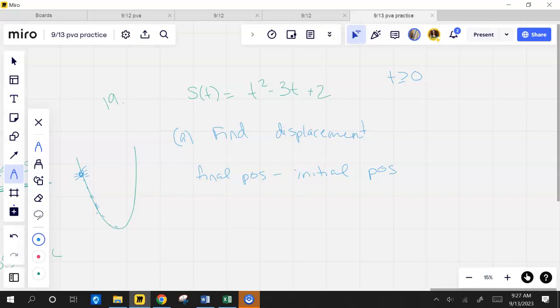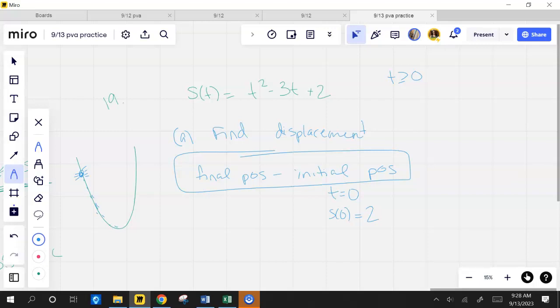Where'd you get 5? That's right. Do y'all see that? Find the displacement during the first 5 seconds. That's how far he is from where he started.